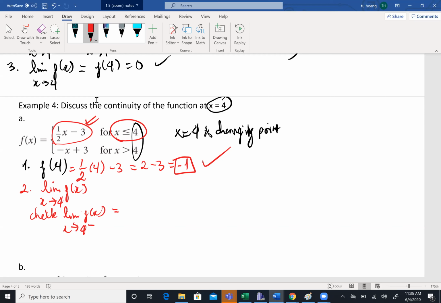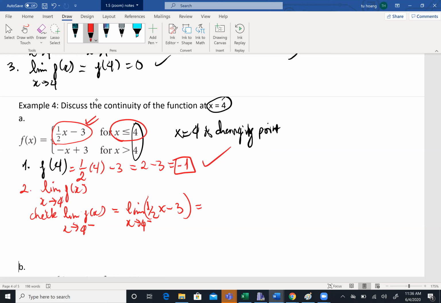So you have the limit of 1/2 x minus 3 for x going to 4 from the left hand side. This is very important. Remember that when x goes from the left hand side to 4, that means x is less than 4, then you have to apply the first part.